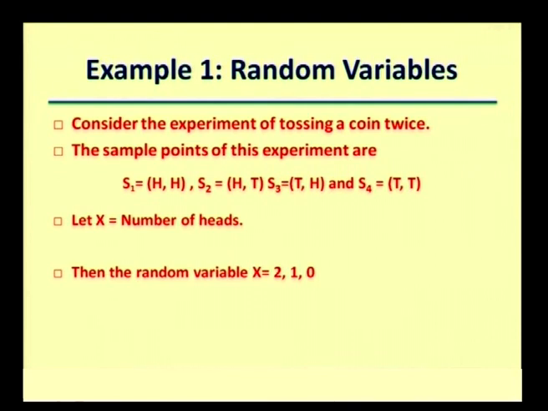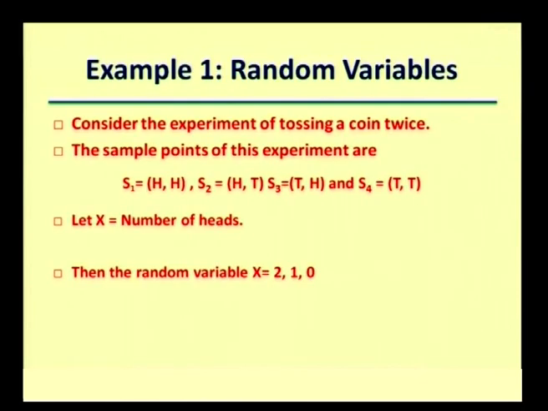You have to define the random variable x for each and every experiment. Let x be the number of heads. So number of heads means possibly with 2 coins you can at most have 2 heads, isn't it? So the random variable takes the possible values 2, 1, 0. These are the 3 values which the random variable is taking here for this example.